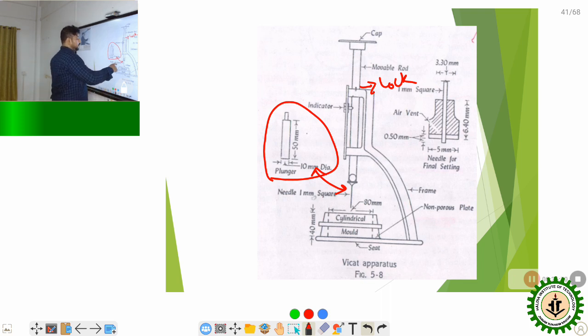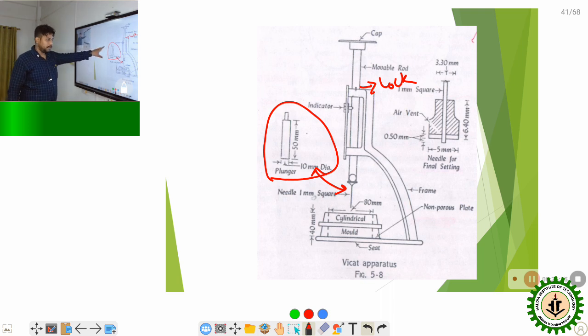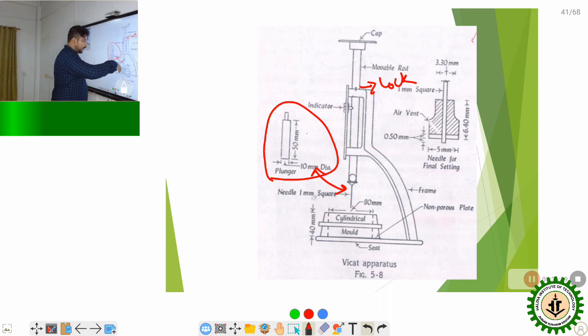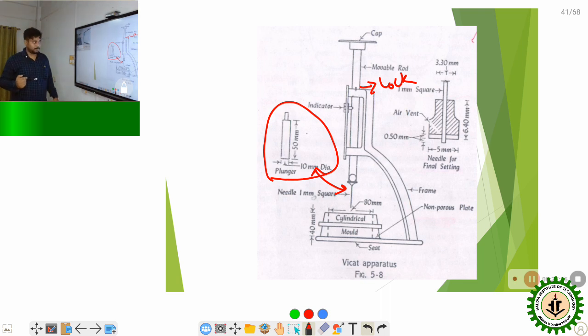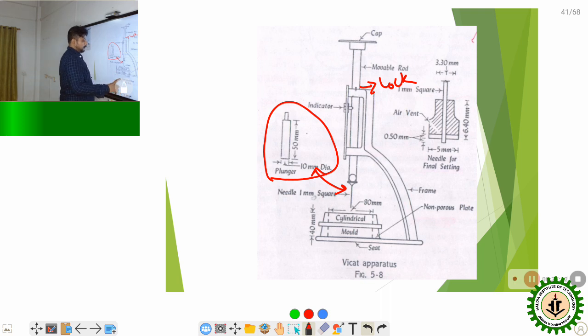For the consistency test, we take the 1 mm square needle, and for the initial setting time we take the 10 mm plunger. We release it, and after releasing it, the scale reading should be 5 to 6 mm from the base.